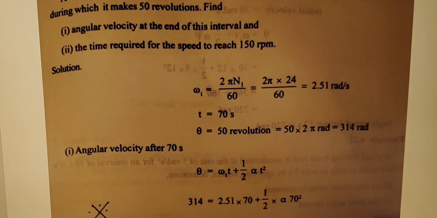We have theta, t and omega 1, so using this data we apply equation 2. That is theta is equal to omega 1 t plus half alpha t square. That is 314 is equal to 2.51 into 70 plus half into alpha into 70 square. From that alpha is equal to 0.056 radian per second squared.